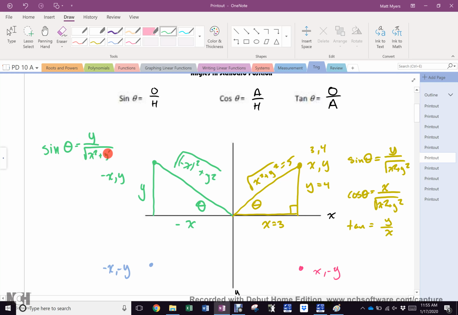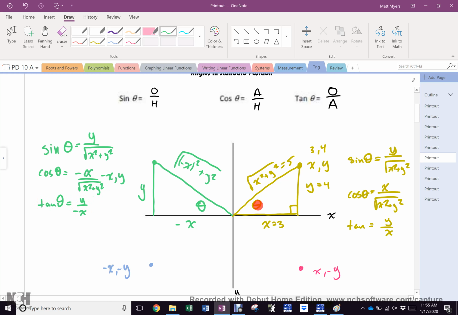Plus y squared. Okay, what is the cosine of green theta? It would be negative x over the root of x squared plus y squared. And what is the tan of green theta? Y over negative x.